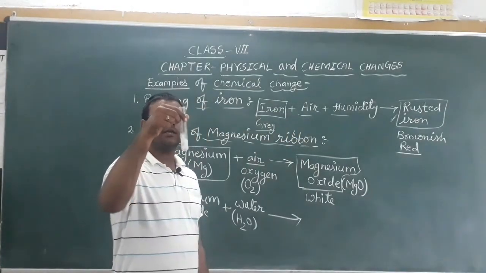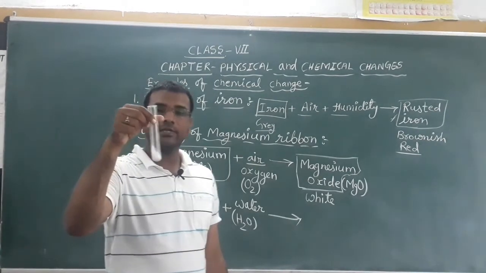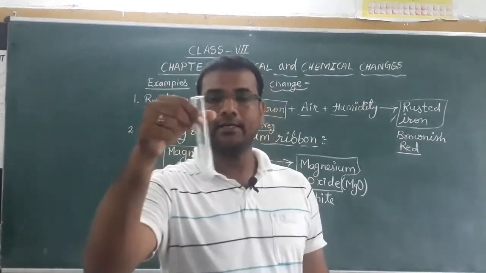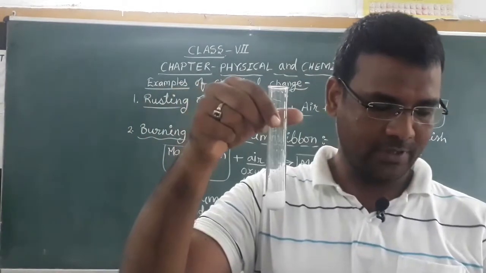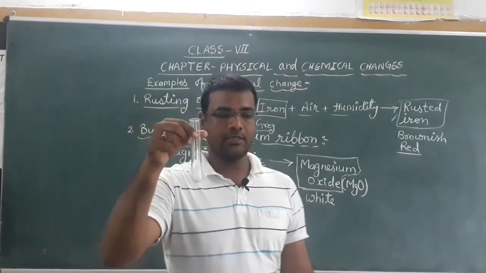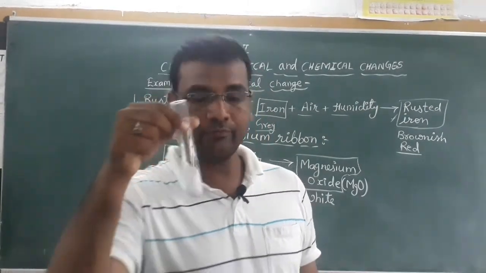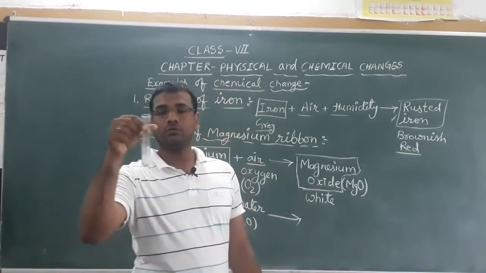Okay, so now I want to check the chemical nature of this solution. To check whether it is acidic or basic, I need litmus paper of two types. Generally we know that litmus paper is available in two colors.